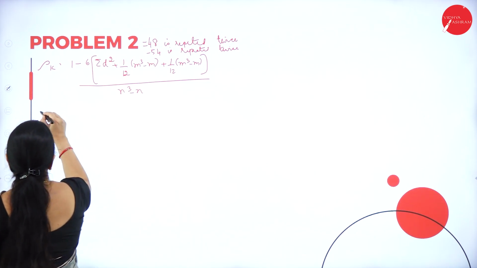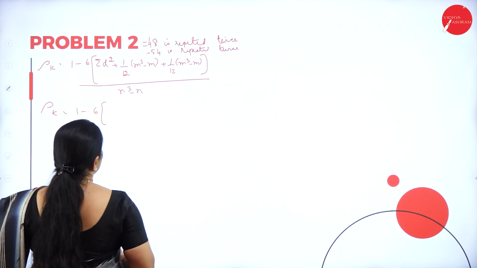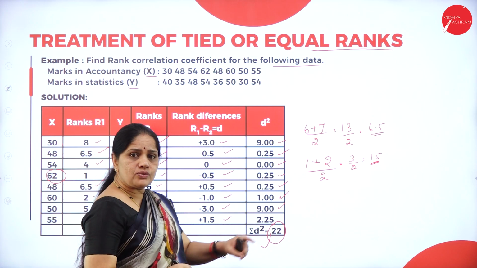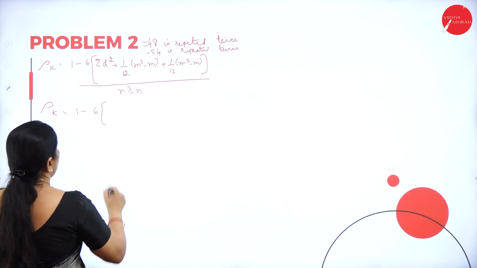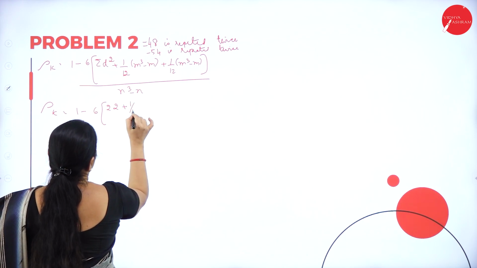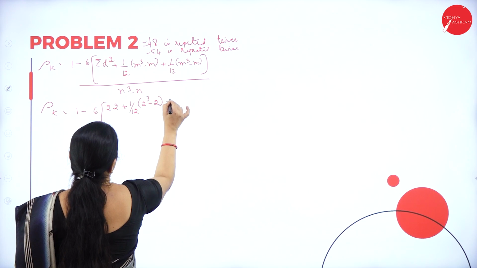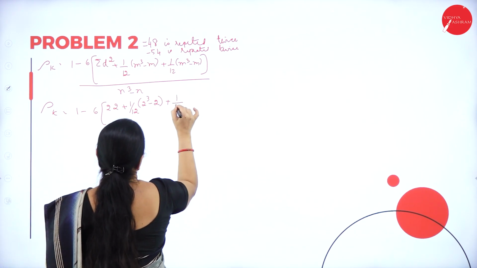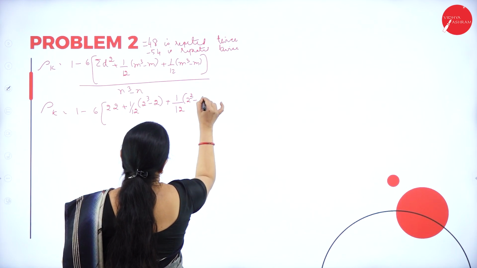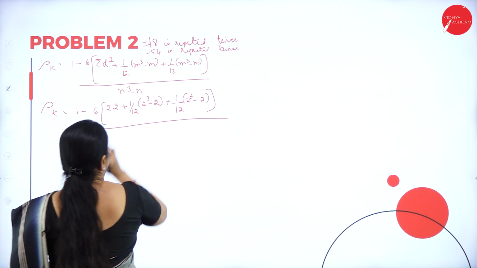So the Spearman's rank correlation will be 1 minus, now we need the value of sigma D square. Sigma D square is 22. So I write it here, 22 plus 1 by 12 into 2 cube minus 2 plus 1 by 12 into 2 cube minus 2 whole over n cube minus n.